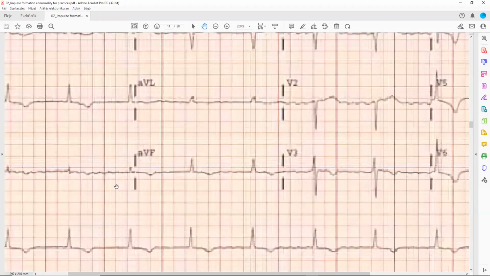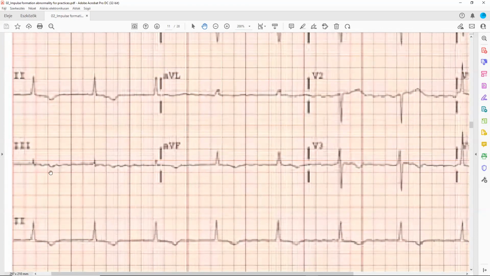However, look at this. Looks like you have fibrillatory waves. So is it also atrial fibrillation? Yes, but how can you have atrial fibrillation with a regular rhythm?